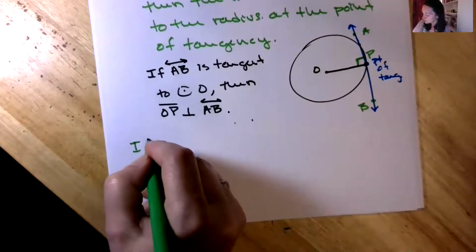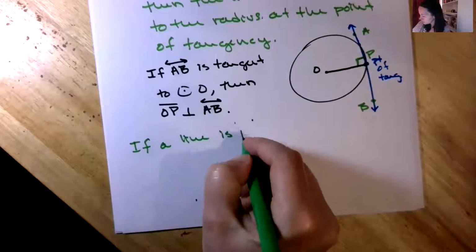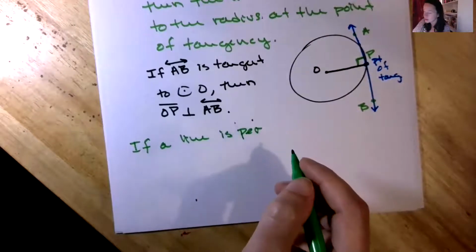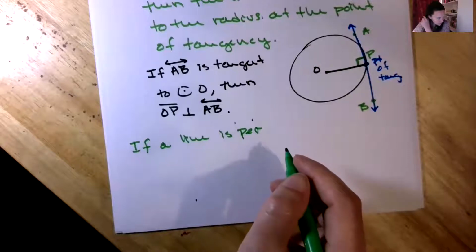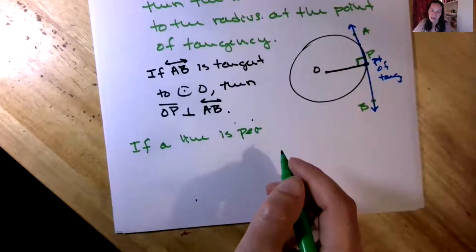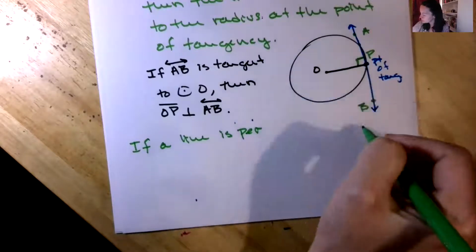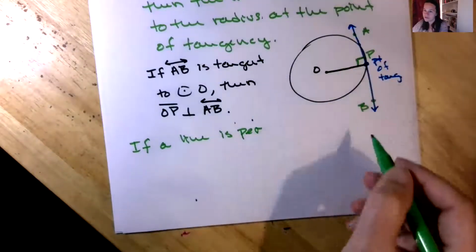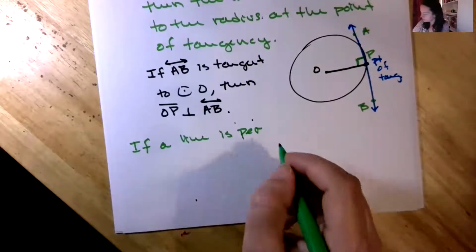So if a line is perpendicular, now what else? Not just perpendicular, but also it only touches. It can't be just perpendicular to the radius at any point, right? Because if it's perpendicular to the radius going through the middle here, that's not a tangent. It has to be perpendicular at the endpoint.